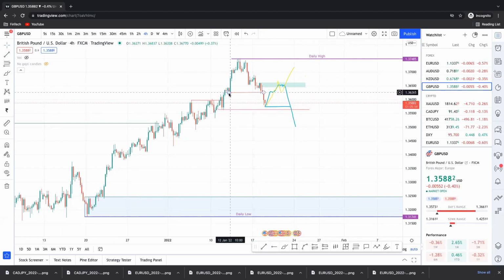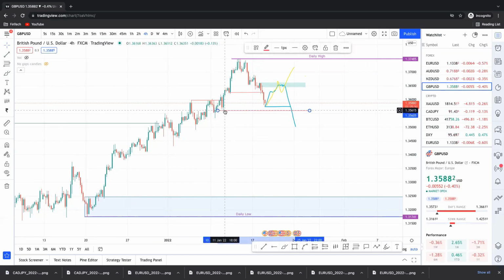There wasn't mitigation here and break of structure. So I would monitor this. Okay, so this line, if it breaks here, then probably this order block will be more powerful for the sell. If it respects this one, then probably this order block is going to violate it, right? So you've got to play with both scenarios on the GU.